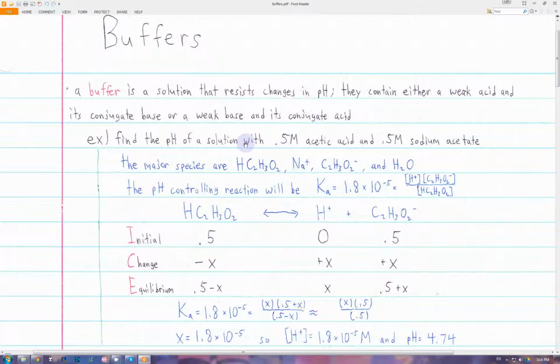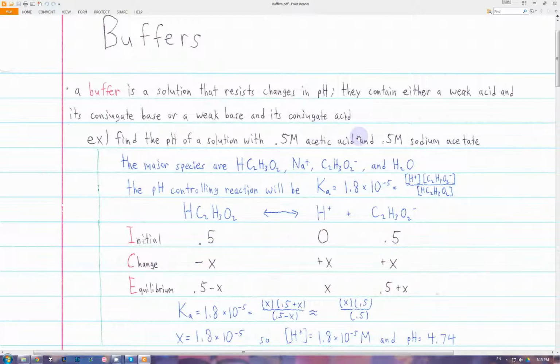So, to see how buffers work, let's look at an example. So we have a solution with 0.5 molar of acetic acid and 0.5 molar of sodium acetate. Notice how we have a weak acid, acetic acid, and its conjugate base, the acetate ion. So the major species in this solution will be acetic acid.